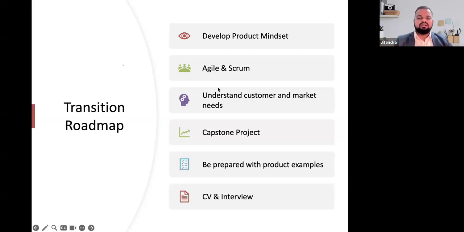Then you need to have a deeper understanding of agile and scrum, because the PO job role exists in the agile space. Without this, you can't go into this job role. Then, understanding the customer and market needs, that's what we call design thinking: working on the empathy map, customer persona, design thinking concepts you need to learn. Then work on some capstone project, as in imagine that you have to build a product, something like Uber, Ola, Zepto, any product.